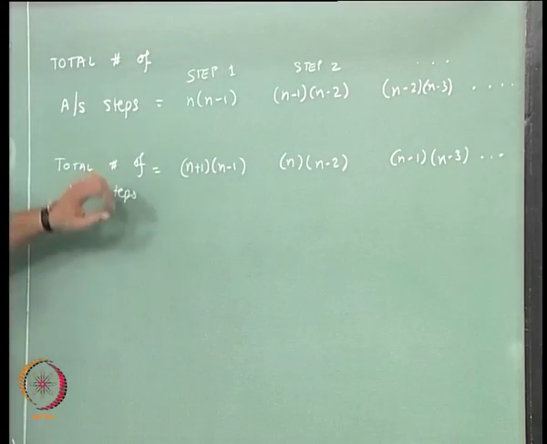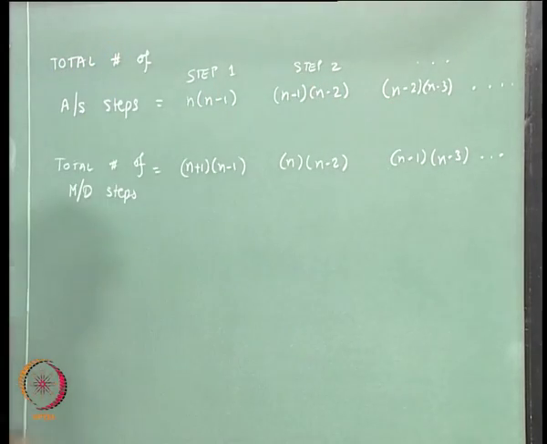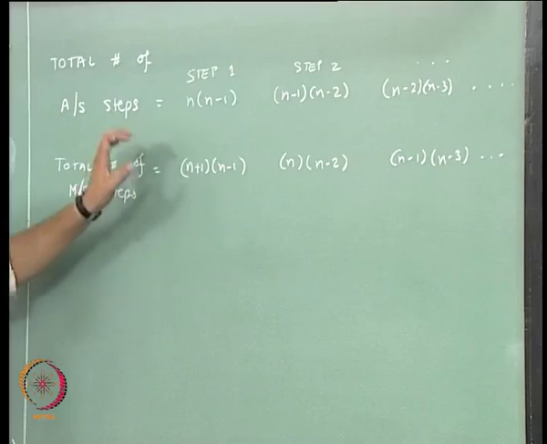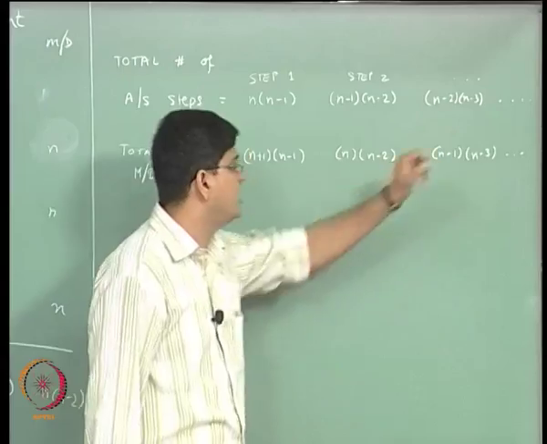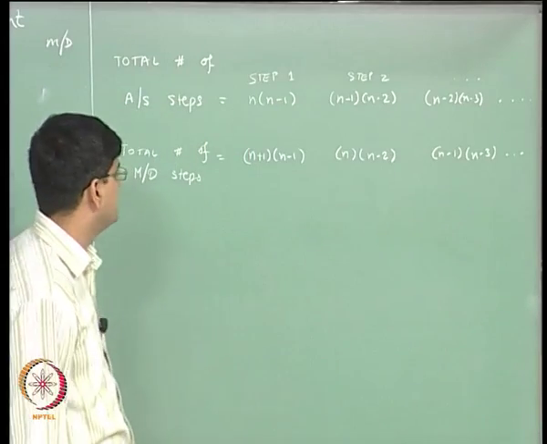Okay. So, as a result what we are going to get is the total number of addition subtraction steps is just the sum of these, and the total number of multiplication division steps is just the sum of this particular thing.